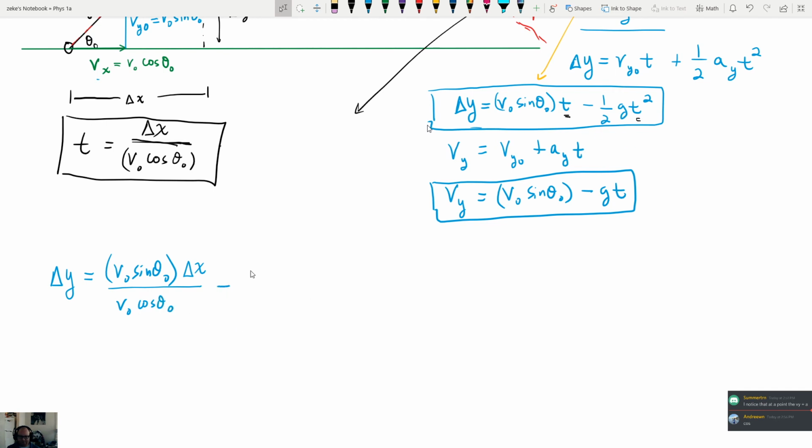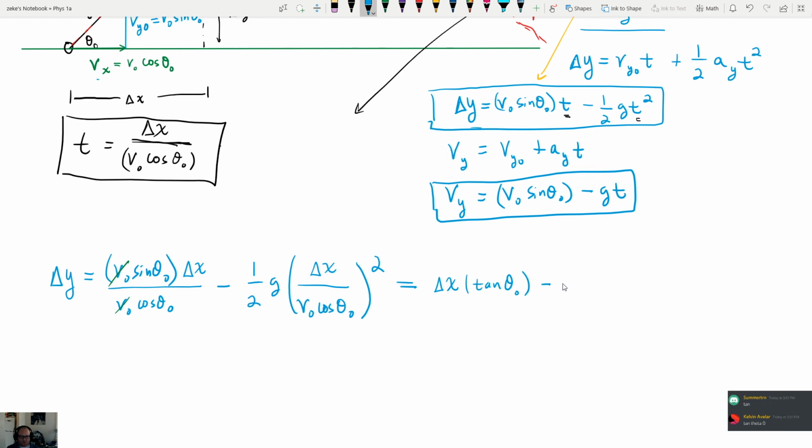And then it's minus 1/2 g times t squared, where t is delta x over v initial cos theta naught, whole squared. And we can expand this out. In the first term, the v naughts cancel. We have sine theta naught over cosine theta naught. What's that equal to? Yep, tan theta.